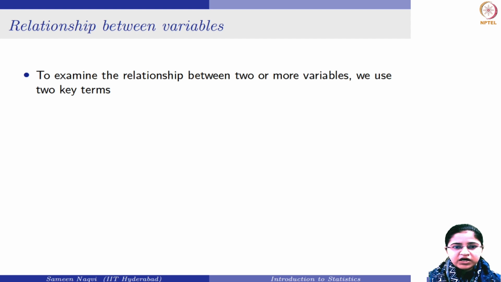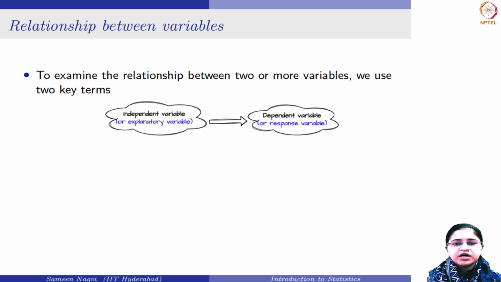In such a case, it is important to understand two key terms, which are independent variables and dependent variables. Independent variables are also referred to as explanatory variables and are those variables which are under the control of the researcher. So the researcher can basically make changes in this variable in order to see what its impact is on the other variable.